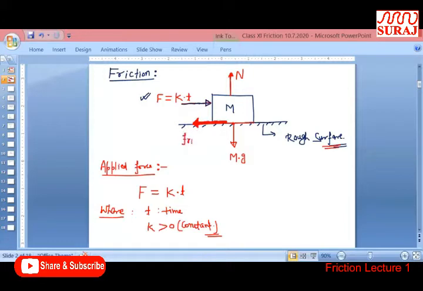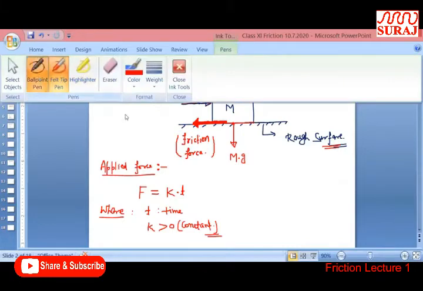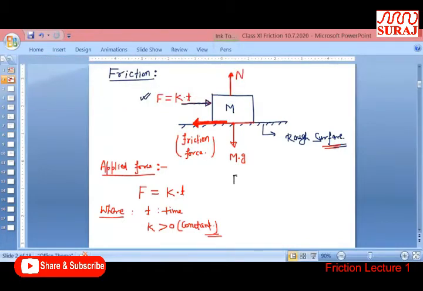What is happening here? A friction force: the force which tries to oppose the relative motion between the surfaces in contact is called friction force.